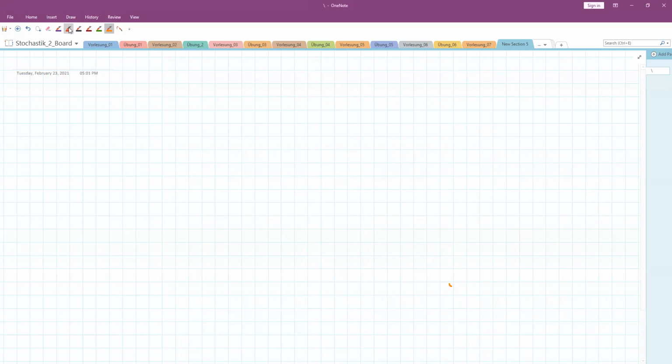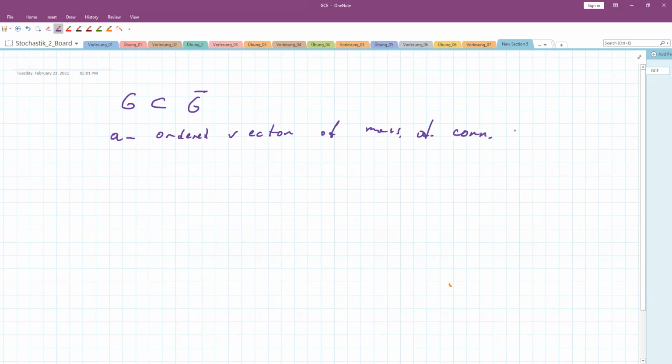You have one graph J, and then you write A, the ordered vector of masses of connected components for J, and also A bar, which is the same but for J bar.